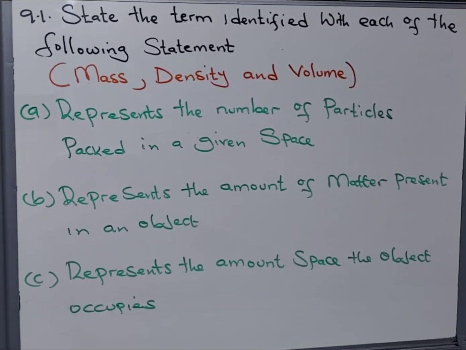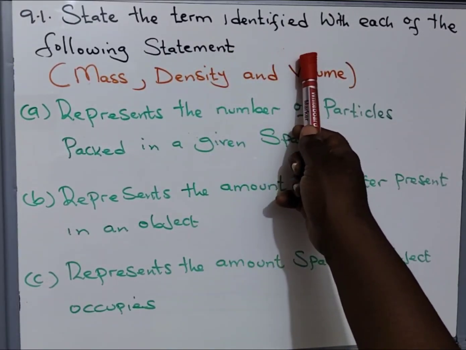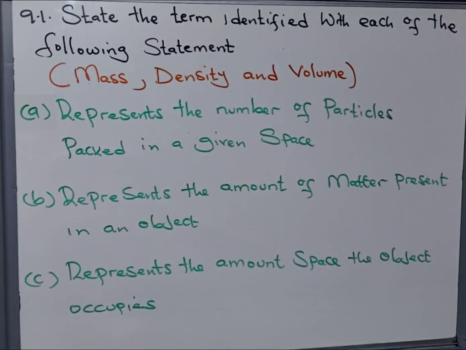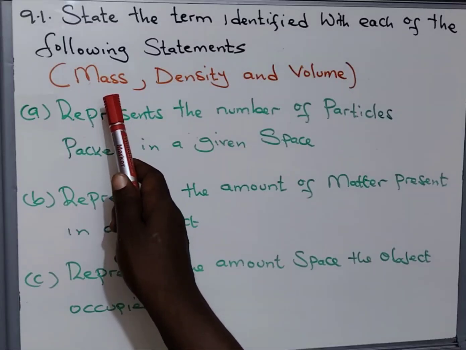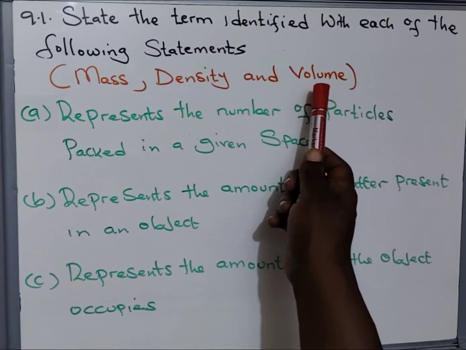Yes, then comes this question, grade 8 natural sciences. It says that state the term identified with each of the following statements. And we are supposed to choose from mass, density, or volume.